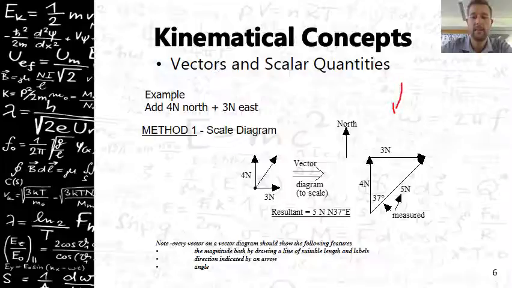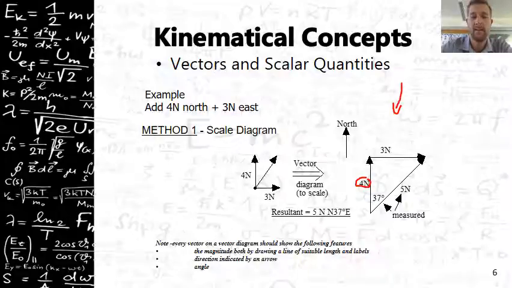Looking at the example on the right, we've got our 4 newtons north represented as a line 4 centimeters in length pointing north, and then you can see at the end of it we've got a vector pointing east, which is 3 newtons long.